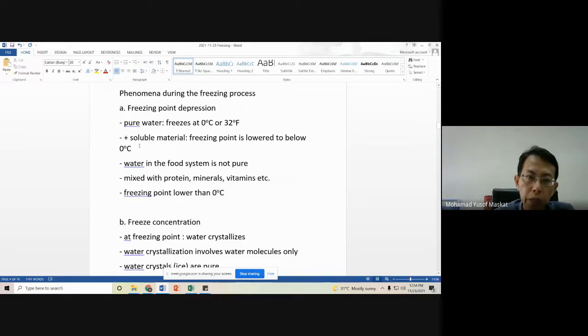But when we add soluble material, sugar, salt, anything that can dissolve in water, the freezing point is lowered to below 0 degrees C. So water in a food system is not pure.